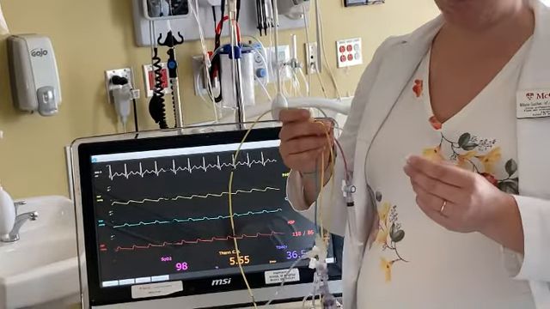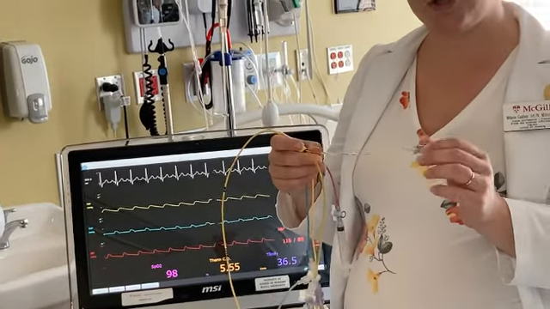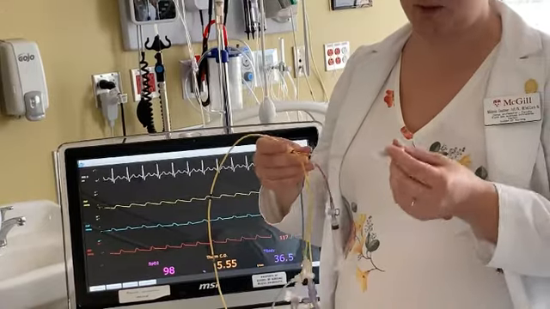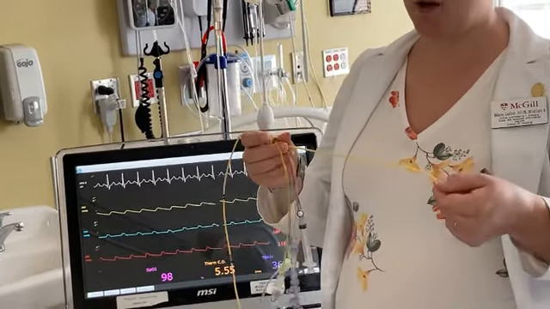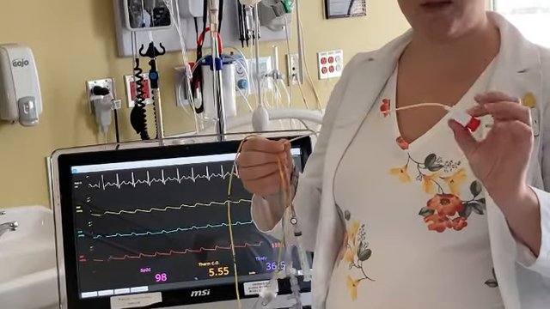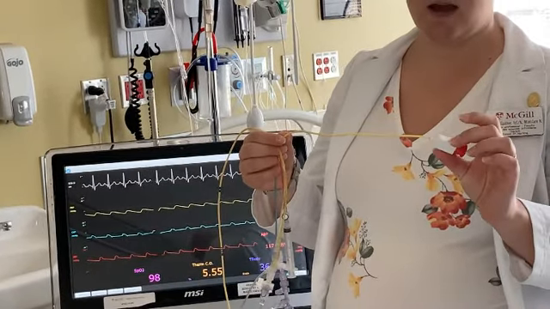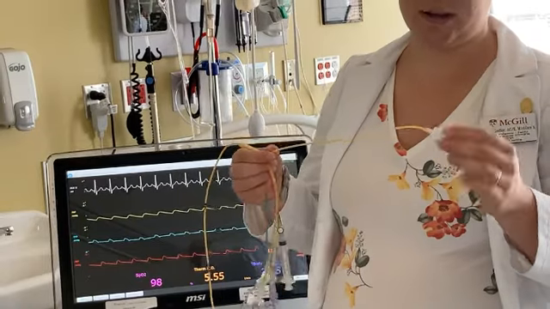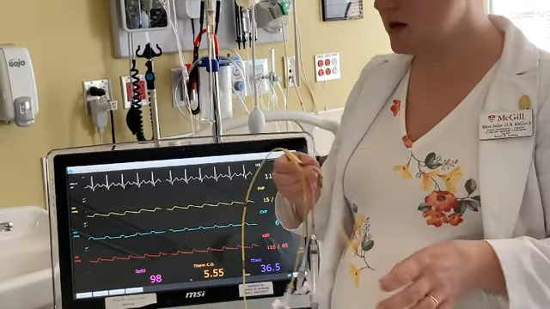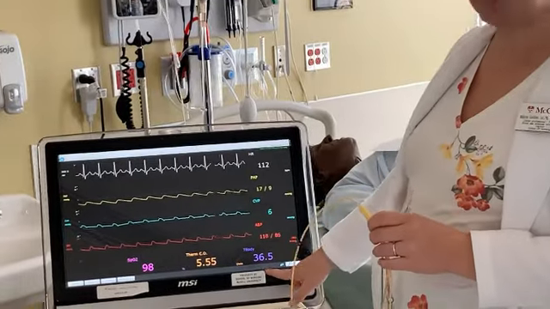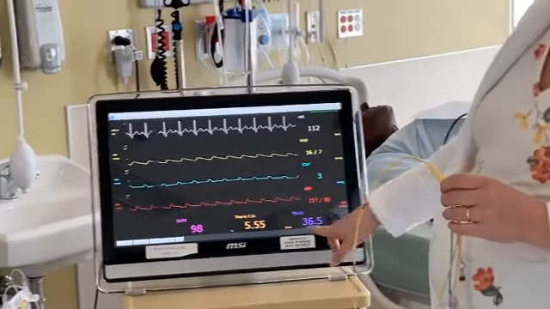We have an auxiliary line here, which we often call the fifth lumen, that we use for medication administration. Here we have our thermodilution catheter, which is essentially a temperature probe that we connect to our monitor so that we can see our patient's temperature labeled directly there.